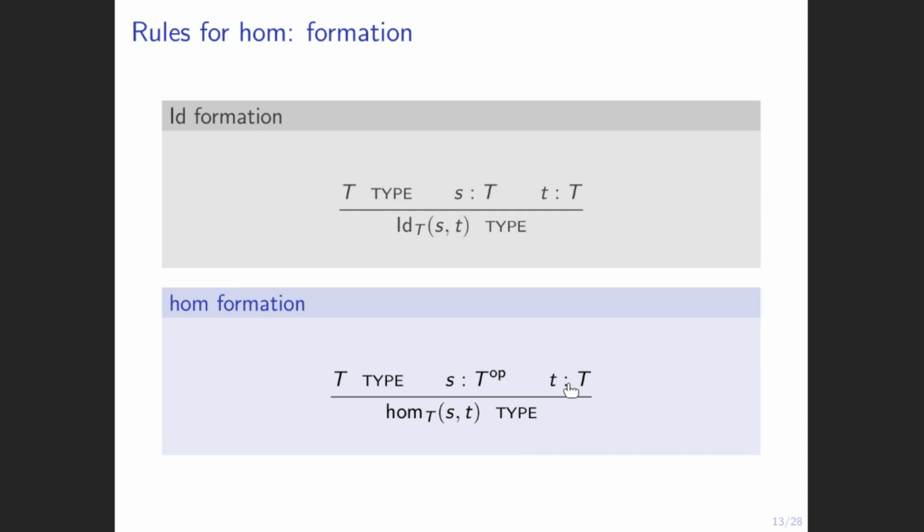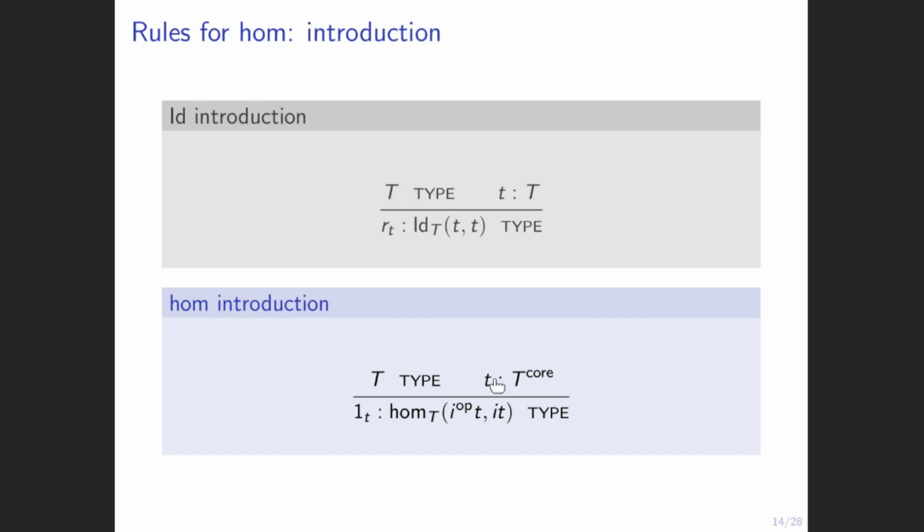But there's kind of one type, I mean, we haven't said anything about it being the intersection of the two, but morally it's kind of the intersection of the two, T core. So we want to restrict our attention for this introduction rule just to terms of T core. And then we can put here the inclusion of little t into T up, and here the inclusion of little t into T. And this is then well typed, and then we can say that there's an identity morphism between these two.